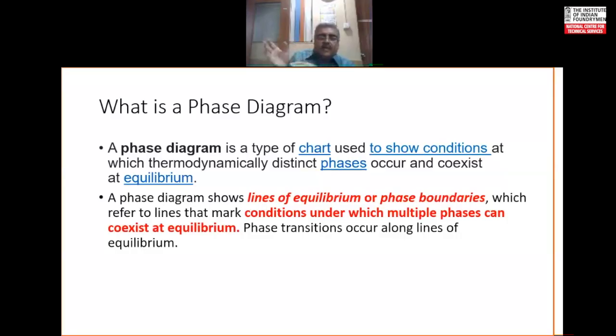Now, these are the boundaries which mark the conditions under which multiple phases can coexist at equilibrium, and phase transitions occur along the lines of equilibrium. That means as the metal is cast and it starts solidifying, certain phases appear, and then over a period of time and temperature range, changes will happen in those phases.